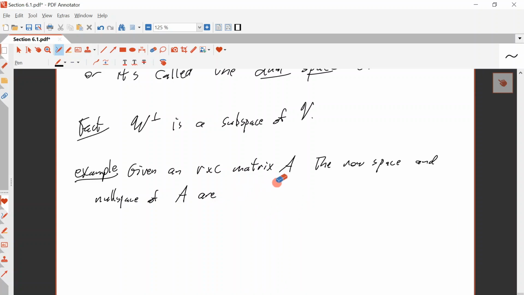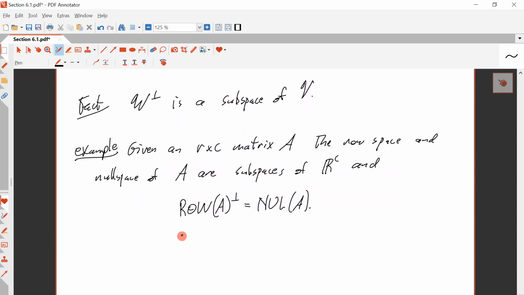And the orthogonal complement of the row space of A is the null space of A.